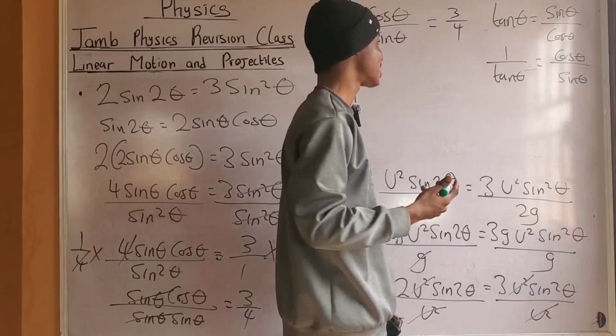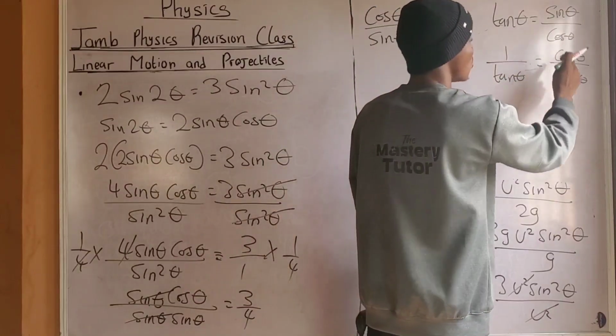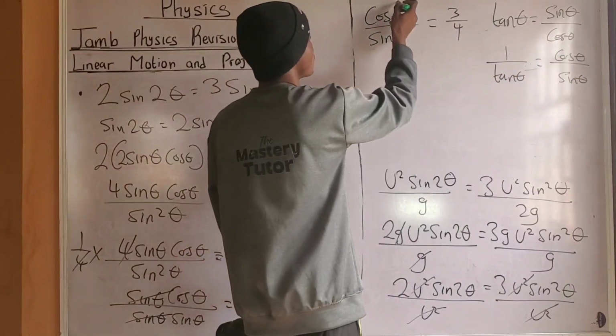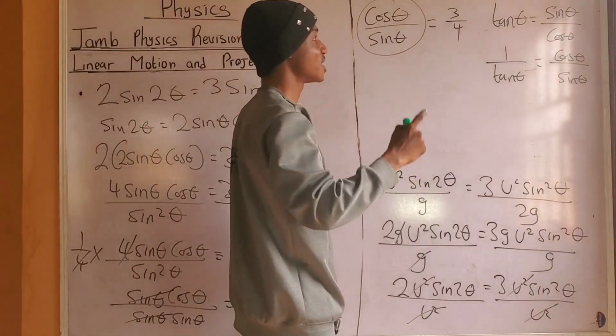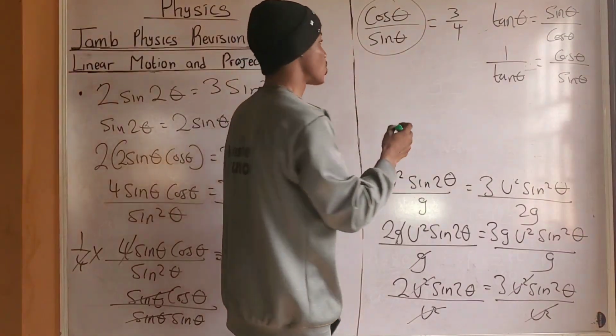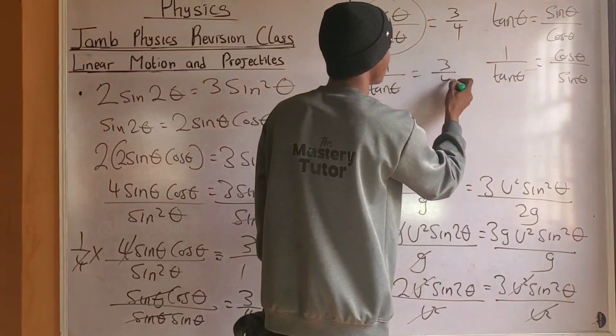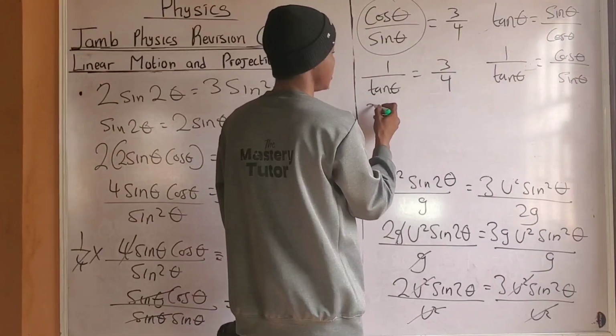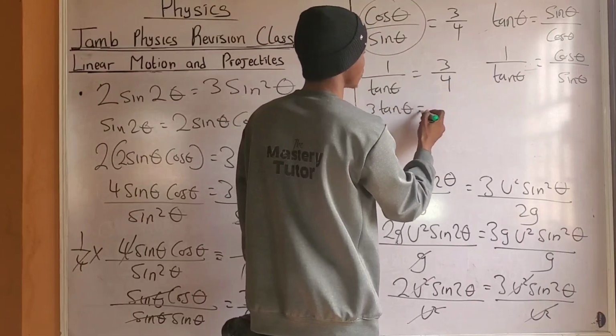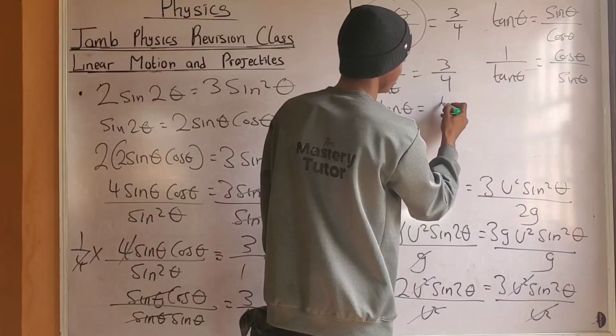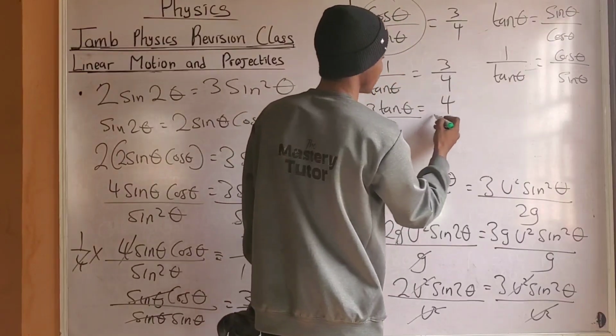The reciprocal of tan theta will give me cos theta over sine theta. So instead of cos theta over sine theta, I'm going to replace it with 1 over tan theta. So I'm going to have 1 over tan theta equals 3 over 4. Cross multiply: 3 tan theta equals 4. Divide both sides by 3.